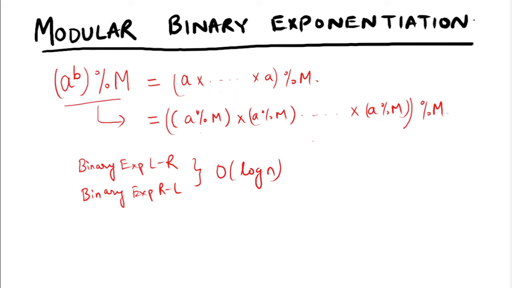Before diving into the pseudocode of this, let us have a look at an example to understand how the modulus operation would be applied. Consider an example of base 14, raised to 31, mod of 11.